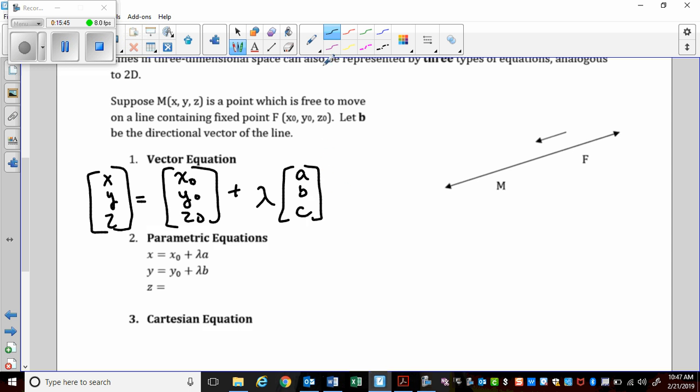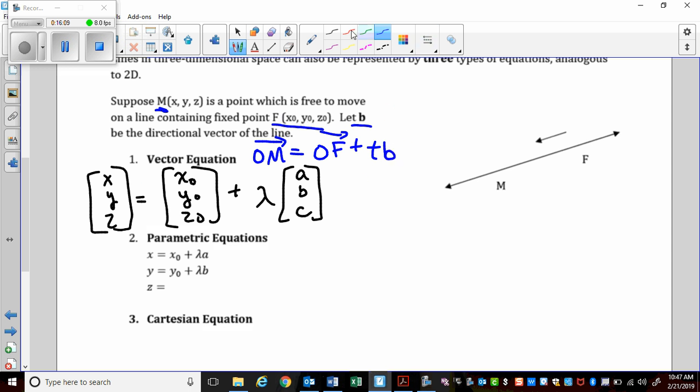Okay, so suppose M, a fixed point F, and let B be the directional vector of the line, then O to M equals O to F, our fixed point, plus T times the directional vector.